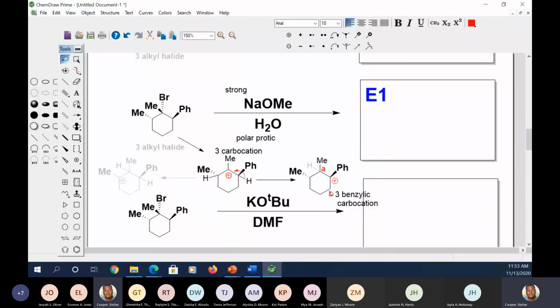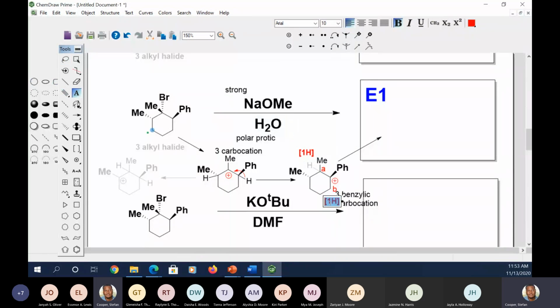So which side would I remove hydrogens from, A side or the B side? A side only has one hydrogen, but B side has how many hydrogens? Two hydrogens on B side.